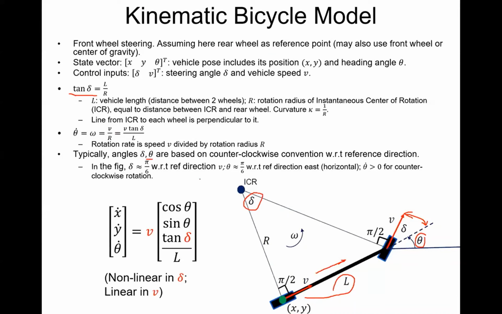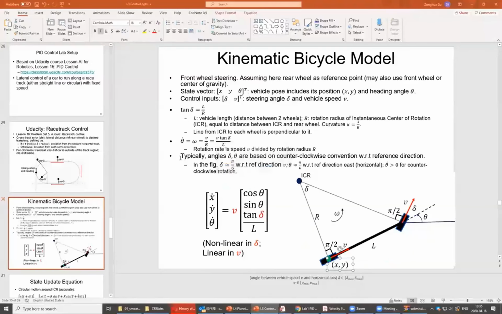And then once you have the angle delta, you can derive the rotation rate of theta. Theta dot is often written as omega, the angular velocity. Yeah, rotation rate should really be angular velocity.